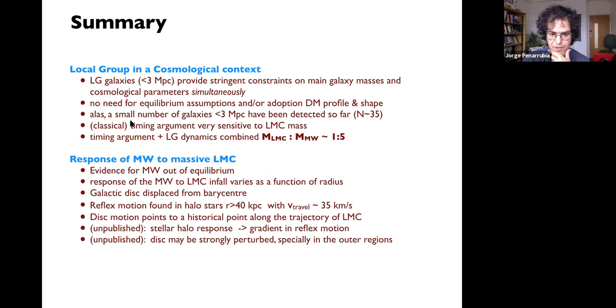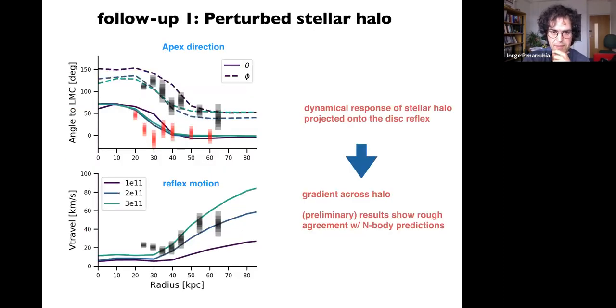And if you give me one more minute, I'll show you a couple of slides for stuff that I've been doing with Mike, and I'm sure that he's going to continue this work when he comes to Paris. So the first one is follow-up. I was telling you that the outer stellar halo will respond impulsively, but this is only true beyond 40 kiloparsecs. So what we did was to repeat the measurement in different radial bins.